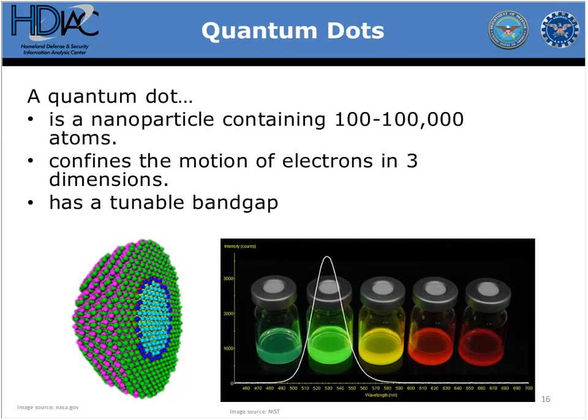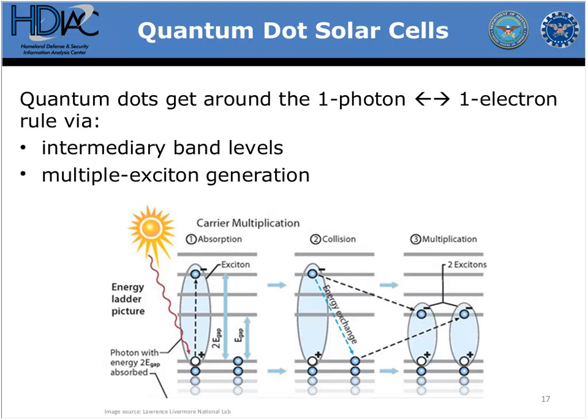Second cool thing about quantum dots, which is bleeding edge, is this concept of multiple exciton generation. Or in layman's terms, I like to call it double the bandgap, double the electron. This is the way around that trade-off that I was talking about earlier. As I discussed before, if a photon strikes a bulk semiconductor with double bandgap energy, all of that excess would be lost.